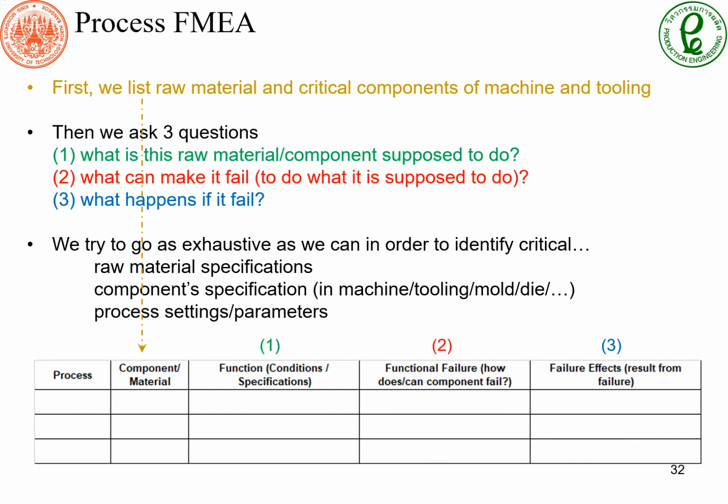Then we ask 3 questions. What is this raw material or component supposed to do? What can make it fail? What happens if it fails? We try to be as exhaustive as we can in order to identify critical raw material specifications, component specifications, process settings, and parameters.